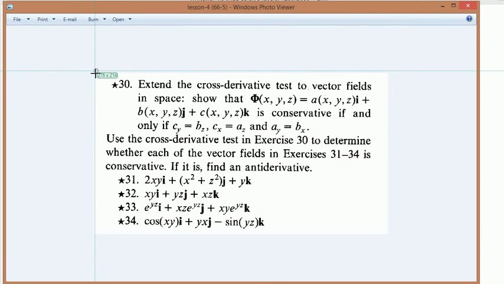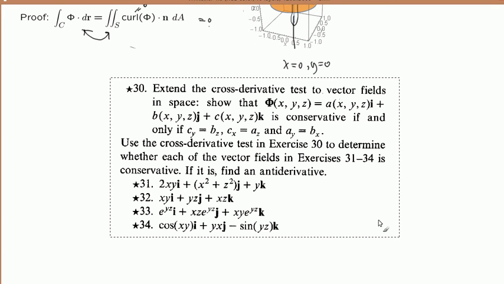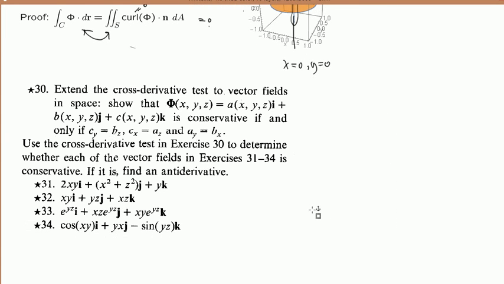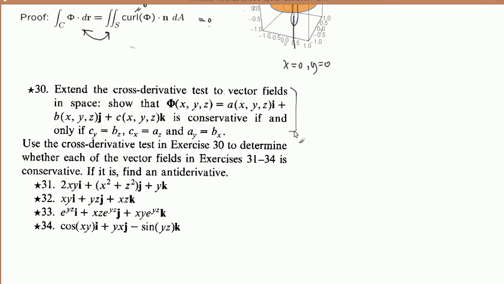This is 18.2, and like I said, in that problem, they gave you this instruction back then and asked you to use that new criterion to determine whether this is the gradient vector field or not, right? But many of you used the cross-derivative test with x and y only, but you have to do all of them.